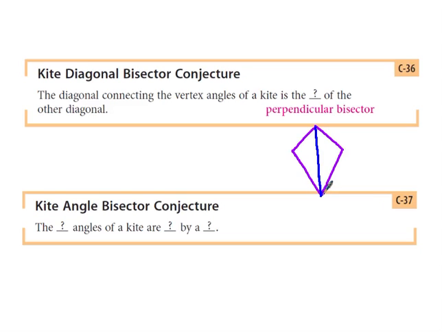Okay, so there's your kite. Here's the diagonal that connects the vertex angles, right? So if you compare that to the other diagonal, first of all, we know it meets at a 90-degree angle. We also know that that blue diagonal cuts those into equal parts. And that should make sense because remember what I said about the kite. It is symmetrical. You can cut it right down the middle.